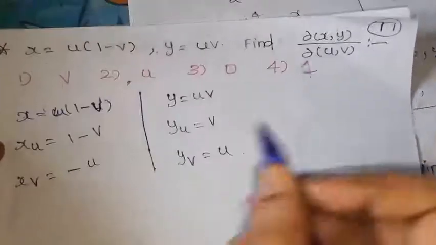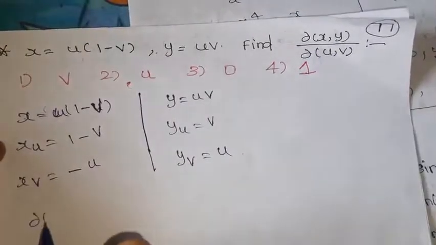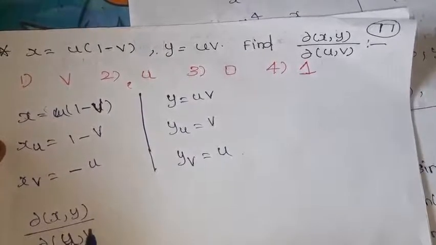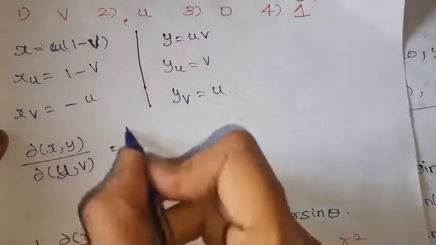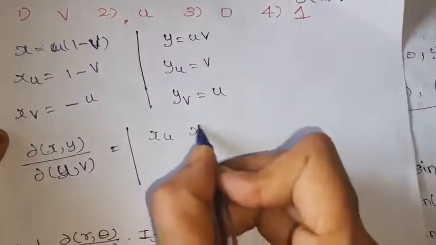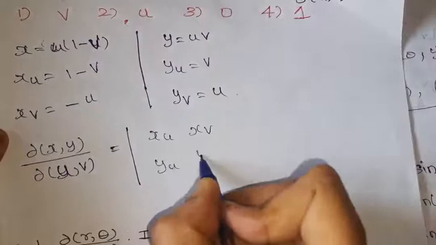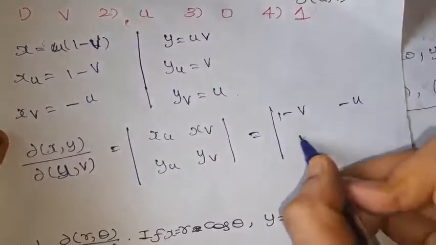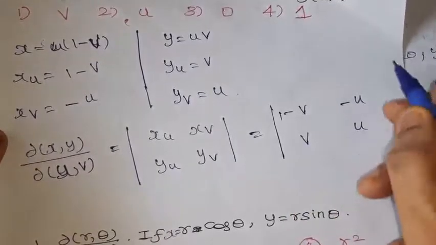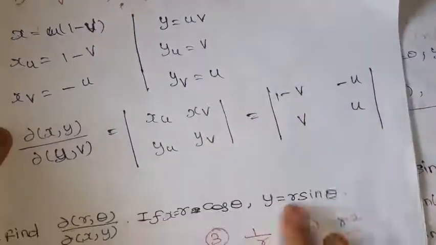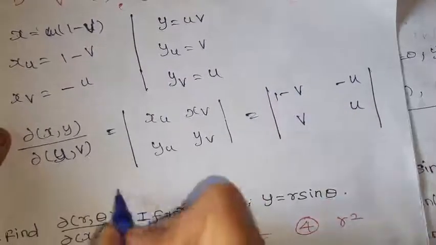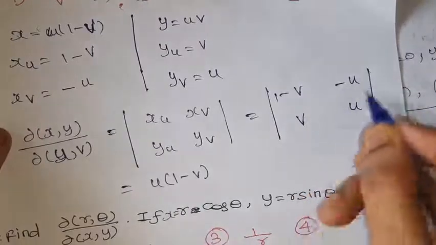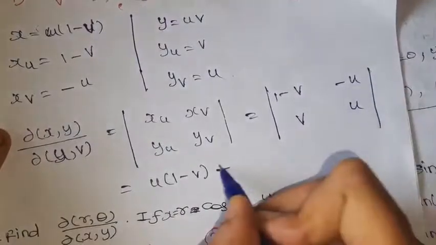Then ∂(x,y)/∂(u,v) equals the determinant of x_u, x_v, y_u, y_v, that is 1 minus v, minus u, v, u. Taking the determinant, u into (1 minus v) minus (minus uv) will get plus uv.